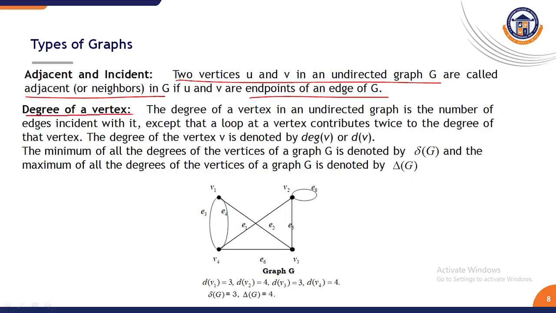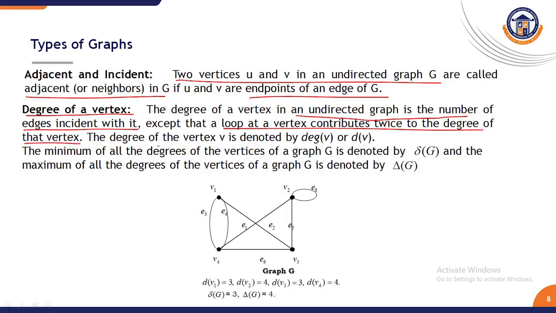Degree of a vertex. The degree of a vertex in an undirected graph is the number of edges incident with it, except that a loop at a vertex contributes twice to the degree of that vertex.